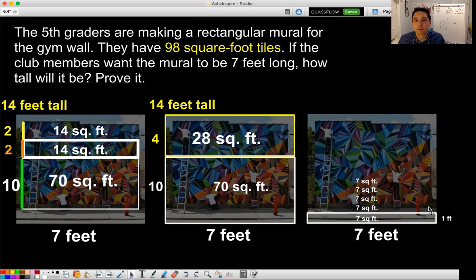So you see what I end up doing is I'm just doing repeated addition or skip counting like we talked about last time. I can just think of this as doing a bunch of rows of 7.